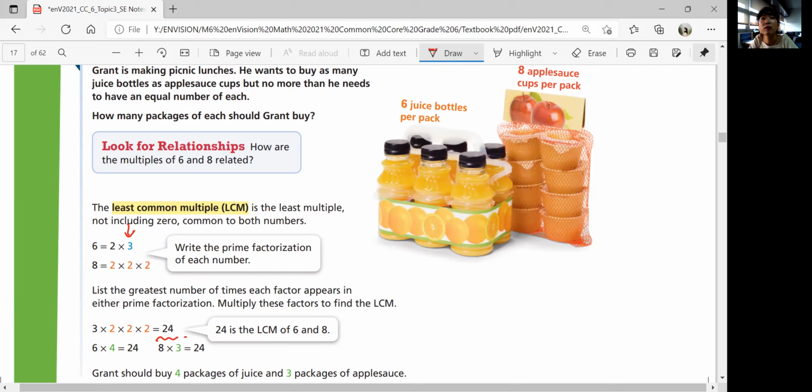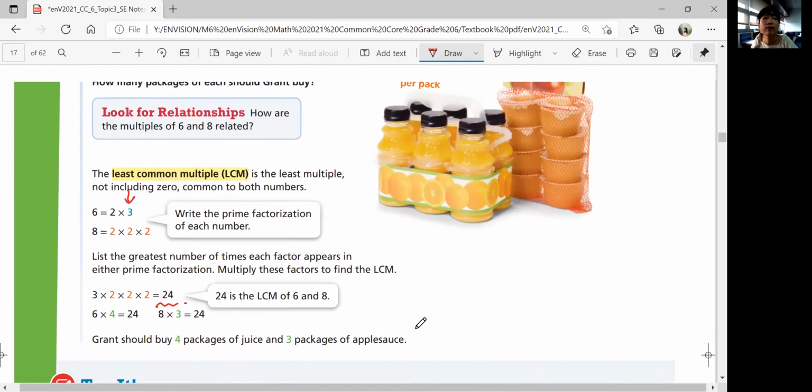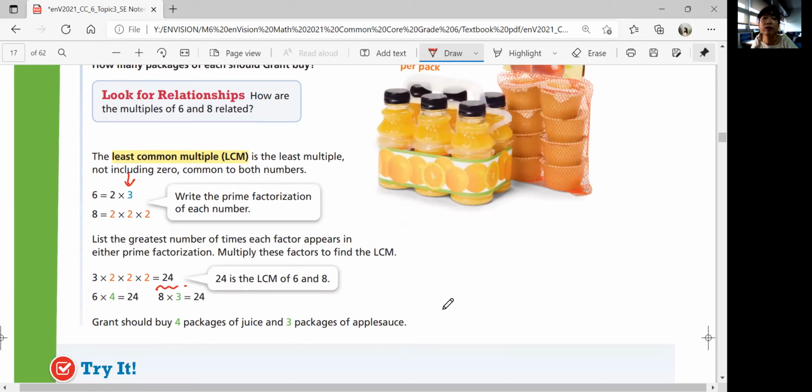So you want 24 juice bottles and 24 applesauce cups. And that will get him to buy how many bags? He should buy 4 packages of juice and 3 packages of applesauce.